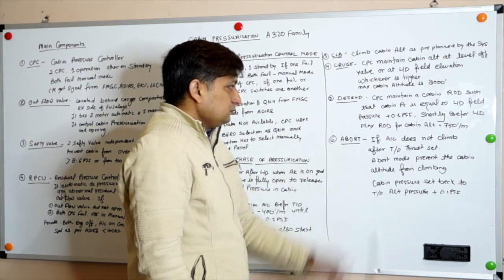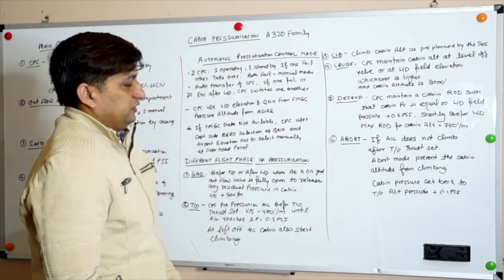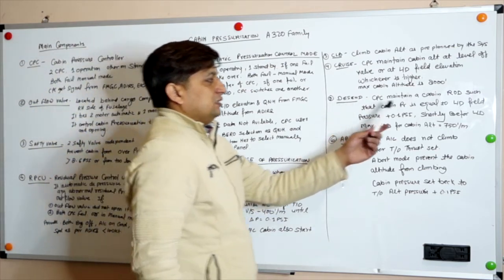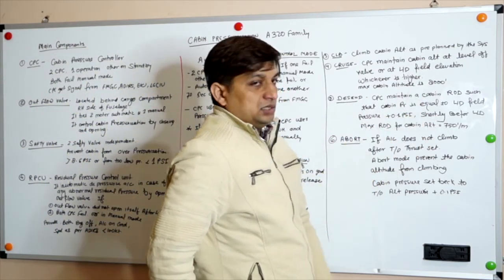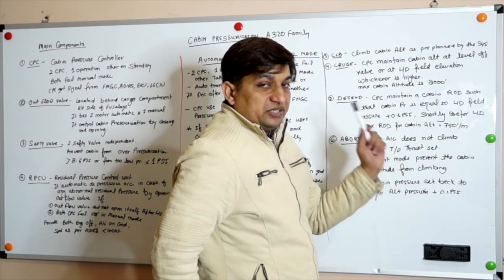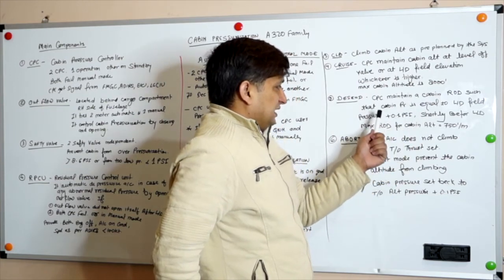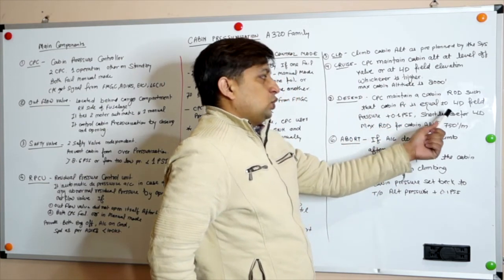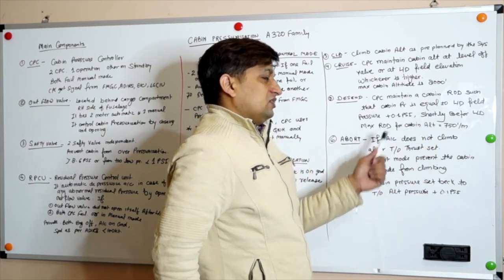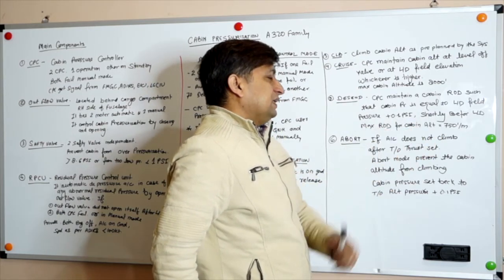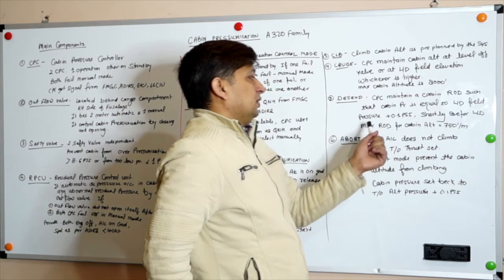Okay. Next comes the descent phase. In the descent phase, the CPC maintains the cabin rate of descent such that the cabin pressure is equal to the landing field elevation plus 0.1 psi shortly before landing.